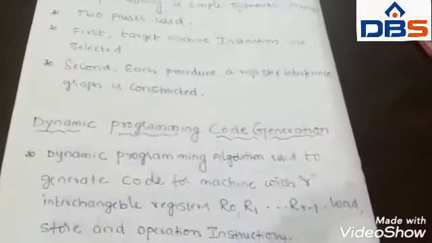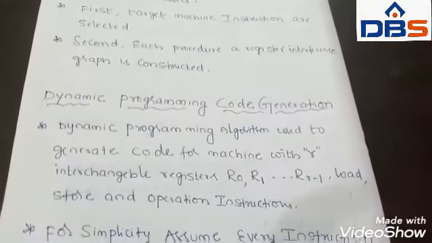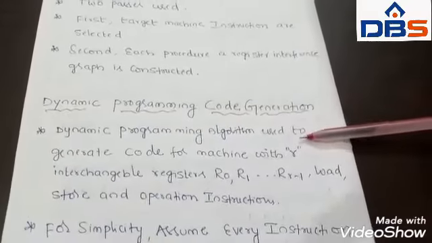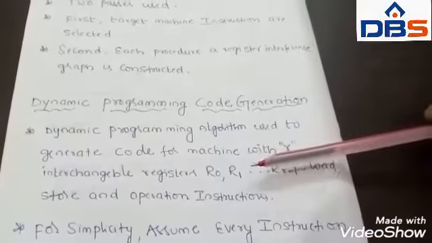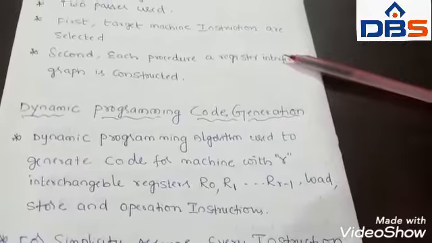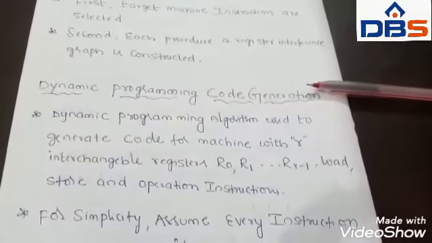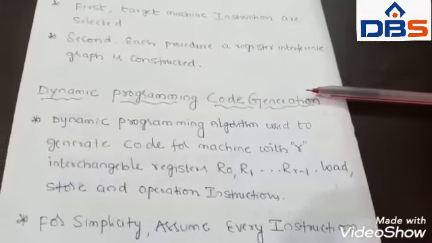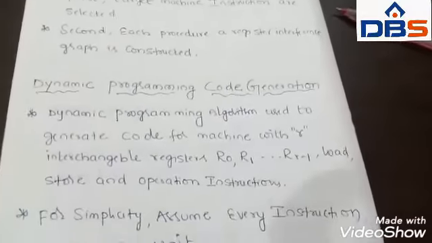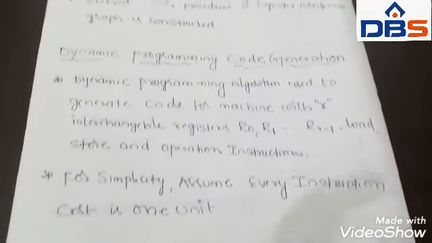The dynamic programming algorithm can be used to generate code for any machine with R interchangeable registers R0, R1, R2 and so on up to R-1, and load, store and operation instructions. For simplicity, we assume each instruction costs 1 unit, although the dynamic programming algorithm can easily be modified to work even if each instruction has its own cost.